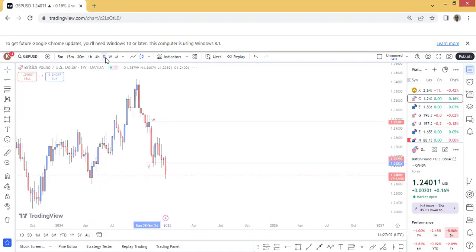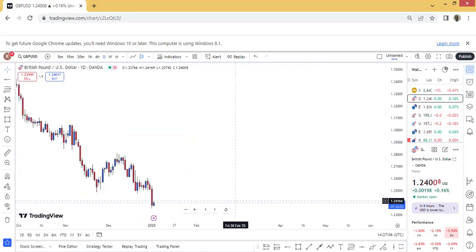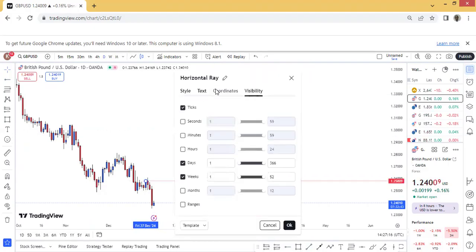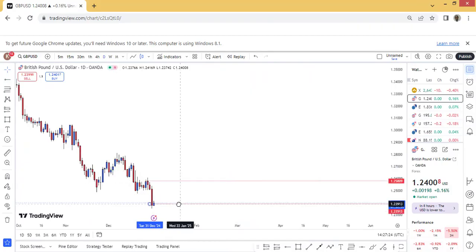We come to the daily. Daily is also bearish. So good. These are lower highs. Make sure it is seen only on the daily chart. Then I label it.